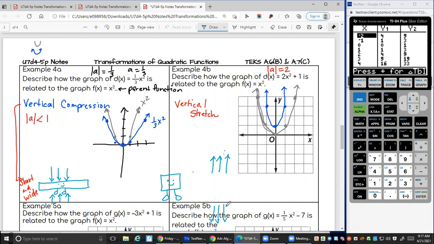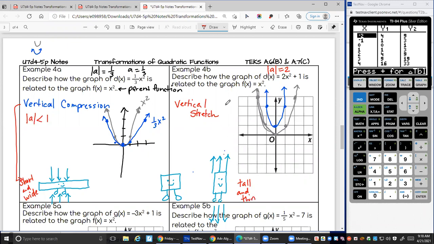And we're pulling away. And he got all tall and skinny. Yes, that's vertical stretch. And so it becomes longer and thinner. I'm going to say tall and thin.